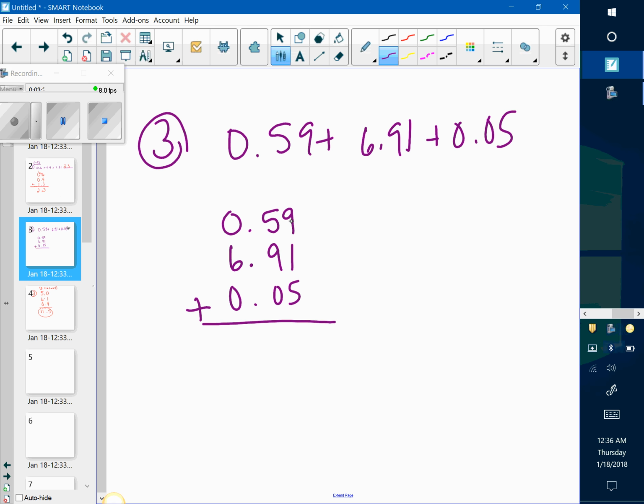So it'd be 9 plus 1 is 10, plus 5 would be 15. 9 again, 9 plus 1 is 10, plus 5 would be 15. Dot. Make sure you bring down your decimal. Carry your 1. 6 plus 1 is 7, so your answer would be 7.55 or 7 and 55 hundredths.